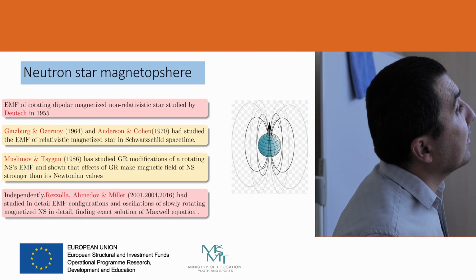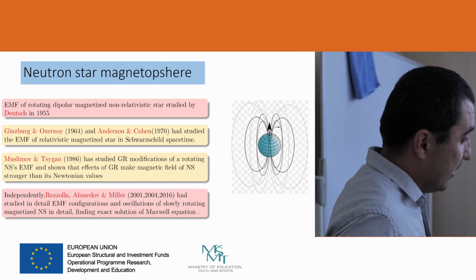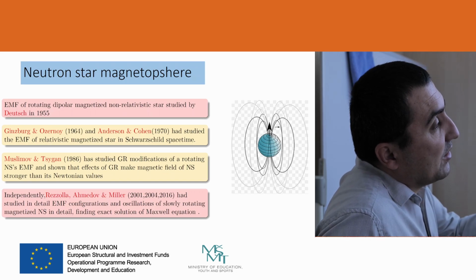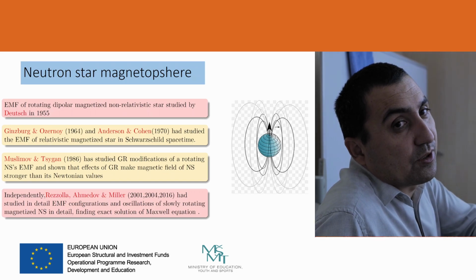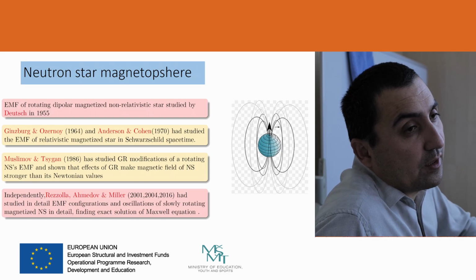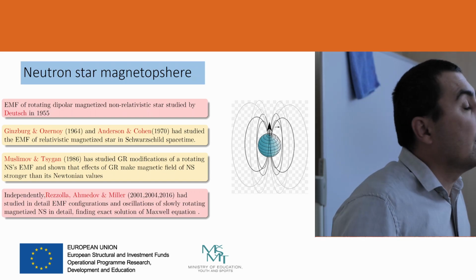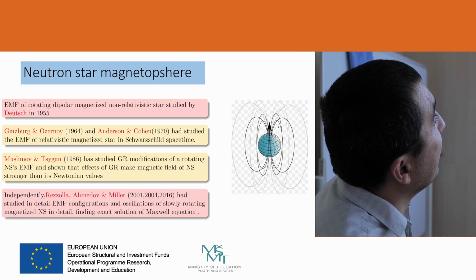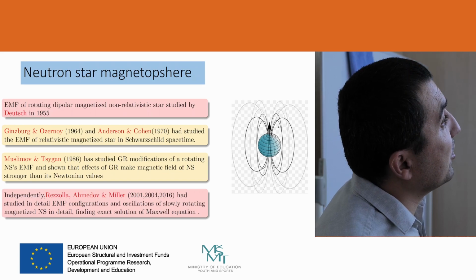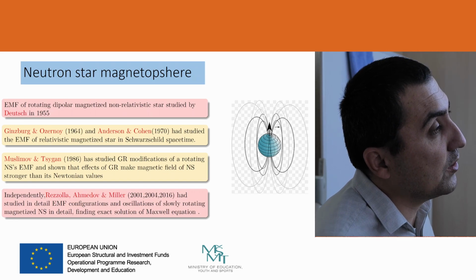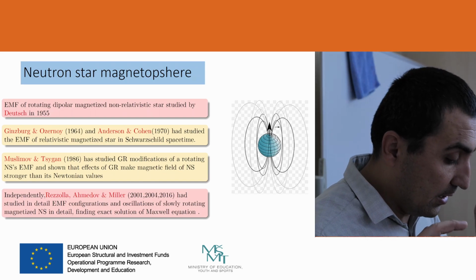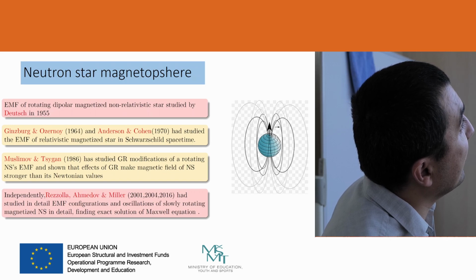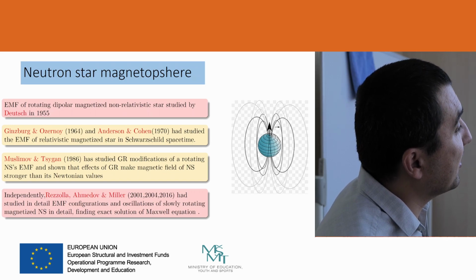So, the magnetosphere of neutron stars depends on the outer solution of the gravitational field, the exterior solution. For the first time, the Maxwell equations for the magnetic field configuration were solved in the Newtonian frame for a rotating dipolar magnetized non-relativistic star.